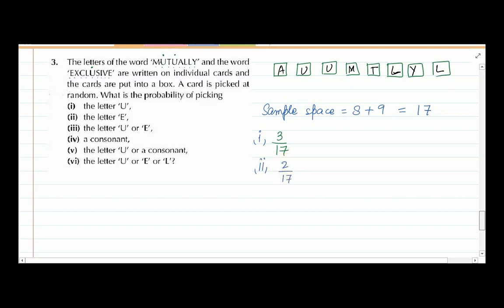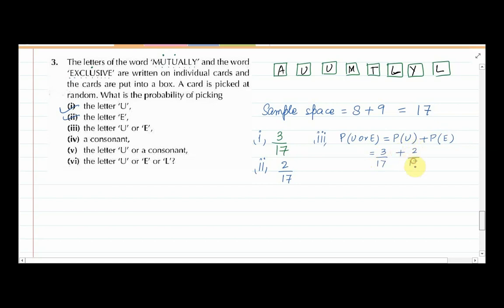Answer. In third part, it says the letter U or E. Now you need to add probability of U or E. It means that probability of U plus probability of E. The probability of U is 3 divided by 17 plus probability of E is 2 divided by 17.